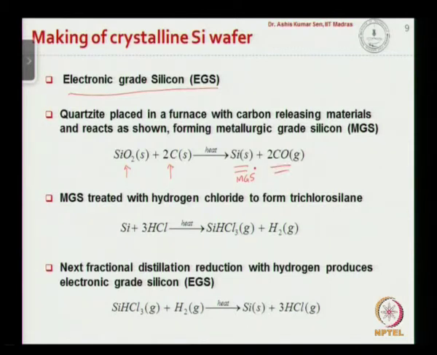Then this metallurgic grade silicon reacts with hydrogen chloride to produce trichlorosilane and hydrogen. After distillation, the trichlorosilane is reduced with hydrogen to produce electronic grade silicon and hydrogen chloride. This is the procedure used to make electronic grade silicon.